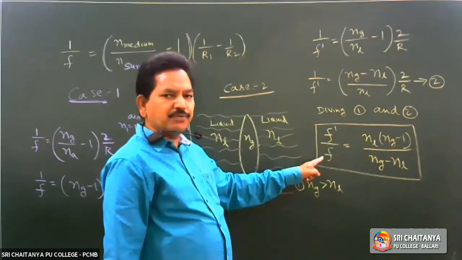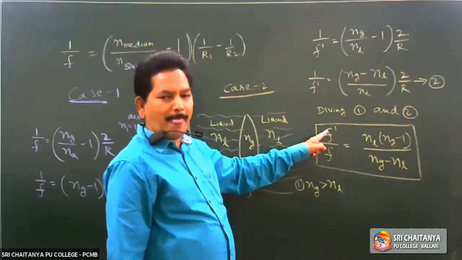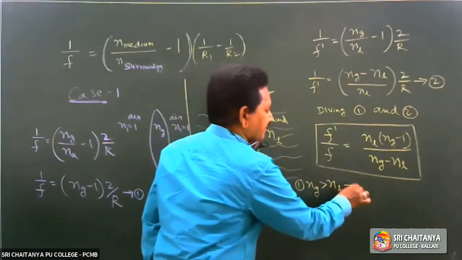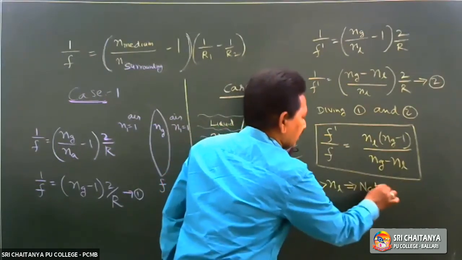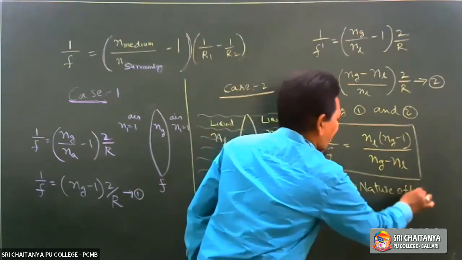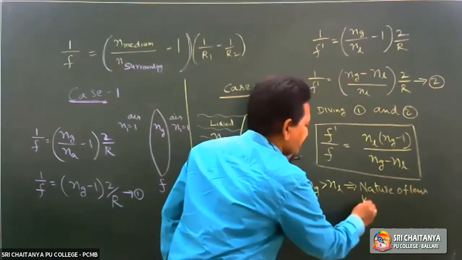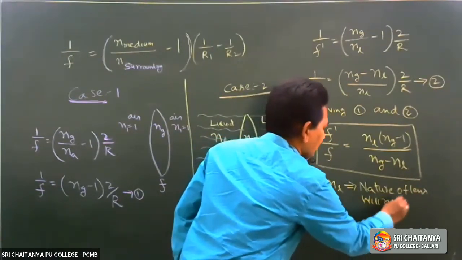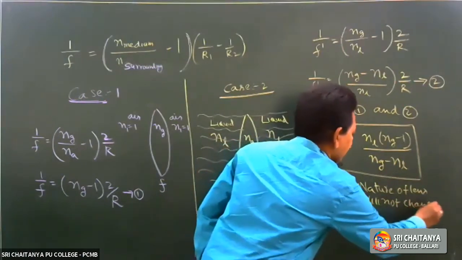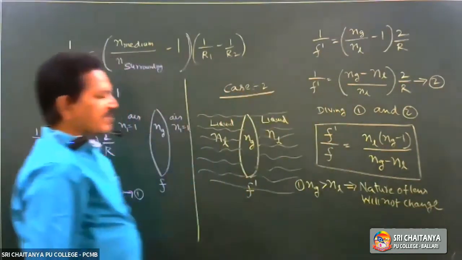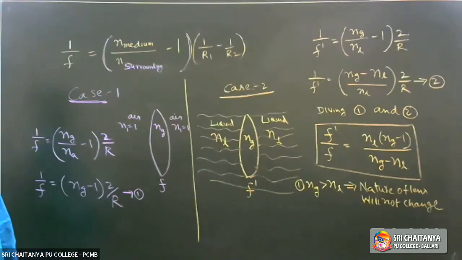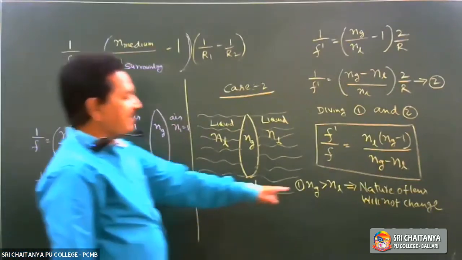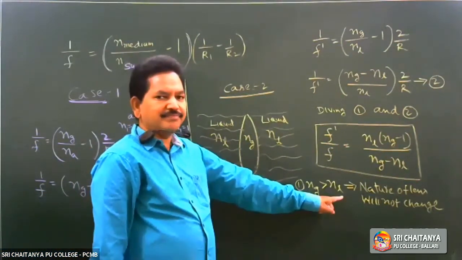If it is concave, it stays concave. What is the meaning? The convex lens behaves as convex, and the concave lens behaves as concave. The nature of the lens will not change when Ng is greater than Nl.